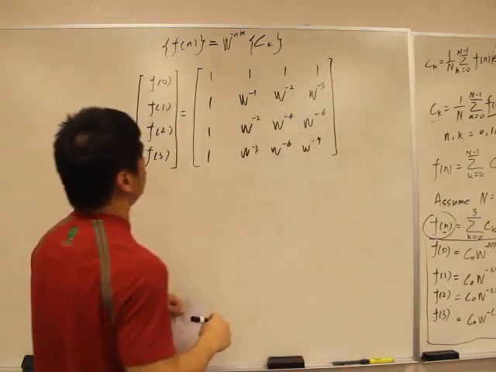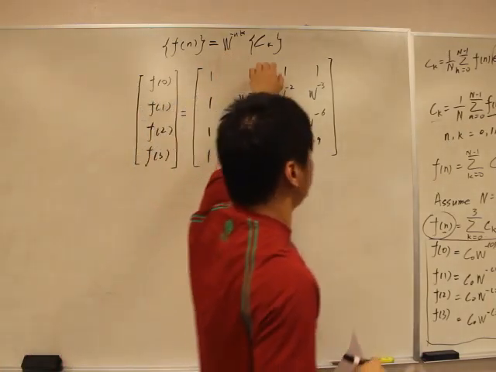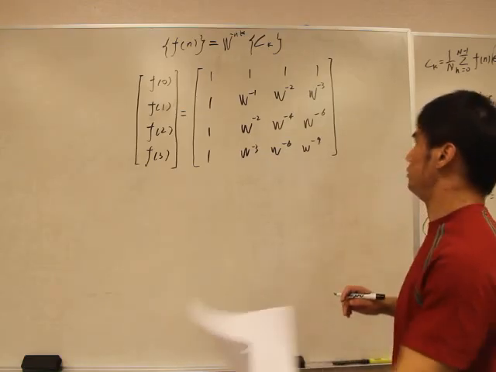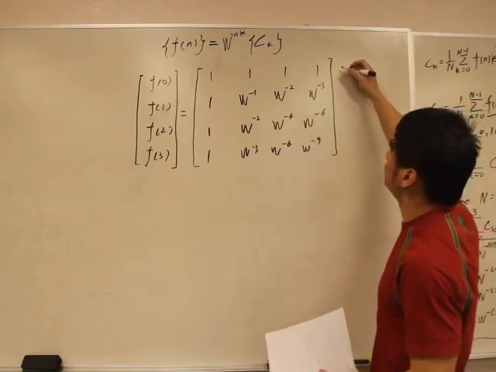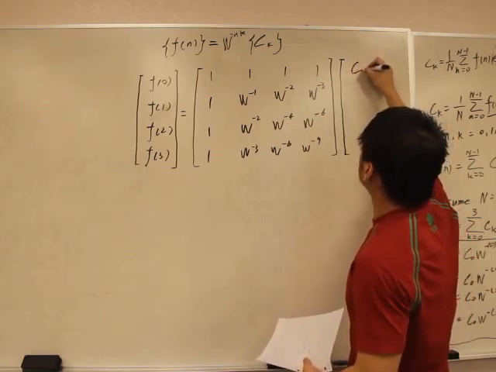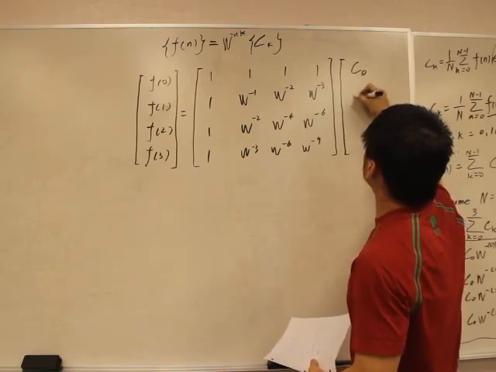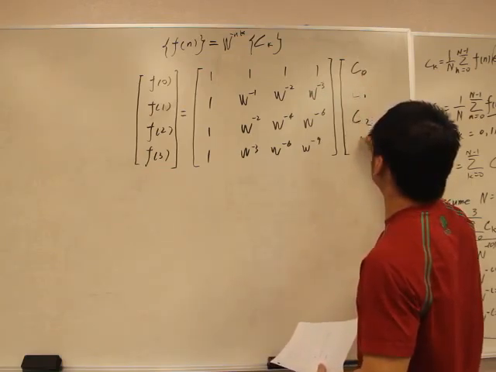Now this 4x4 matrix is the coefficient from the CK, the real Fourier coefficient. So now we have C0, K is from 0 to 3, C1, C2, C3.